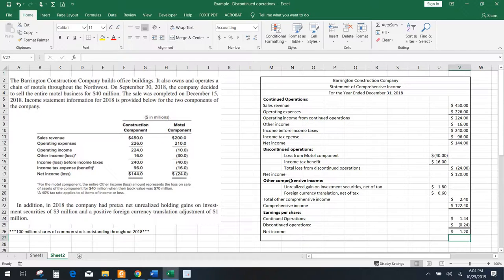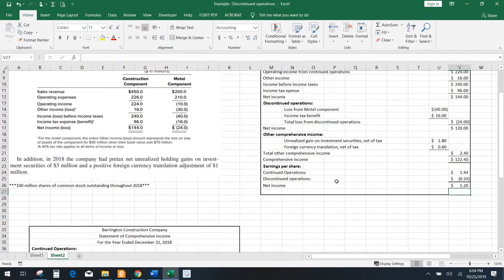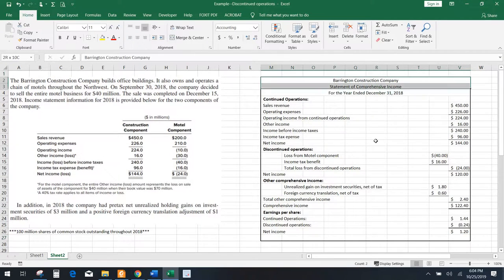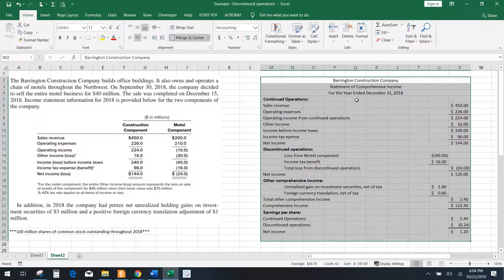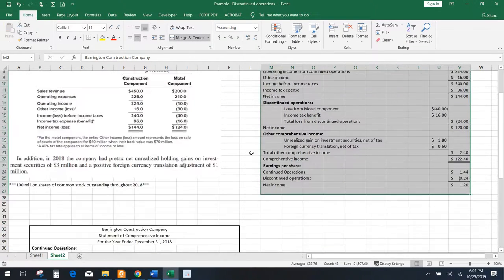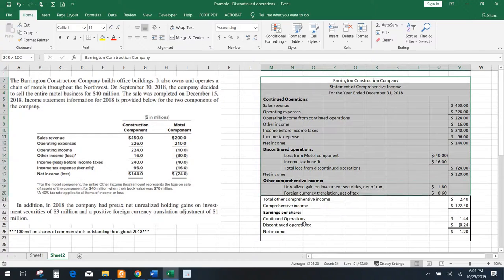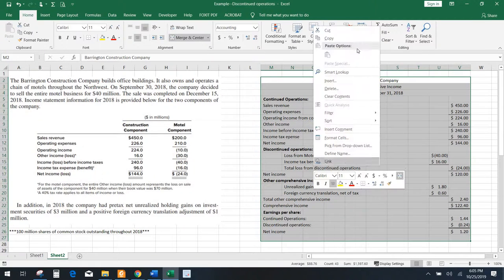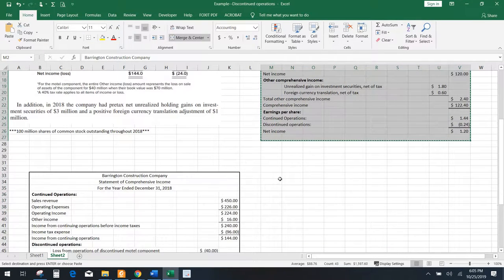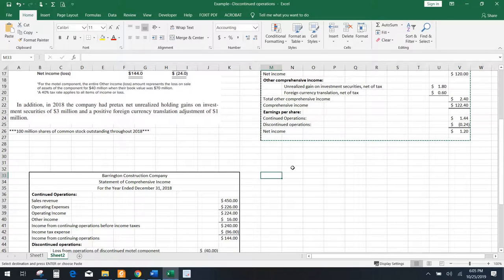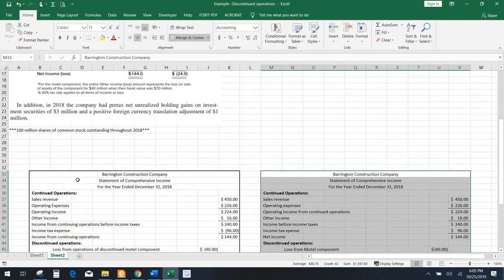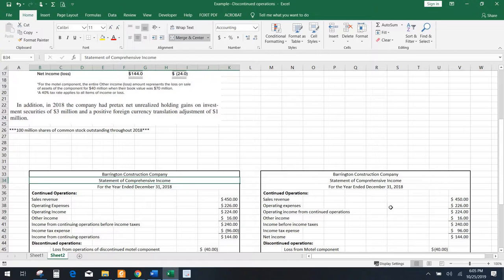Okay, and I've solved this problem previously, so I want to compare it to make sure I'm giving you the correct information. So I'm just going to cut this here and move it down here so we can easily compare. And I also checked this against the solution in the book, so what's written here is what's written in the solution.